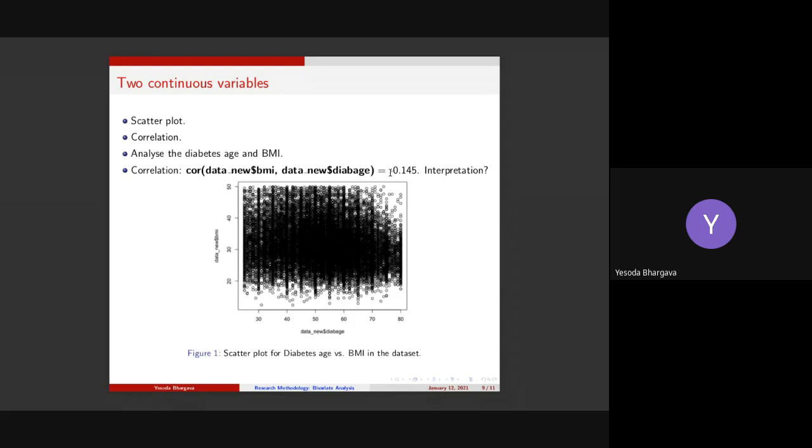Another example would be the analysis of BMI versus time spent in exercise. Time spent in exercise is continuous, we can assume, and BMI is continuous. What do you think you will find when you analyze these two variables? Negative correlation. Yeah. Elaborate. Don't always give one word answers.